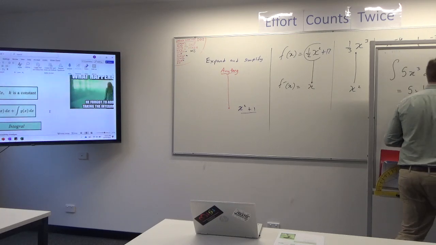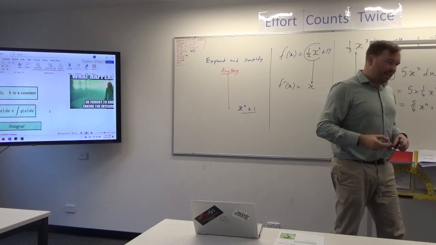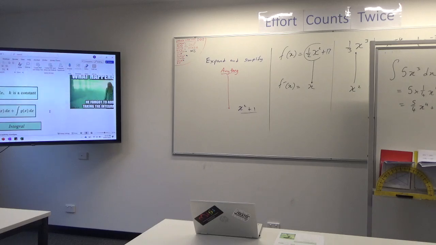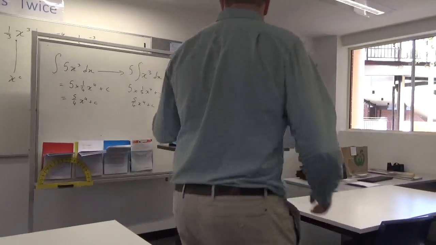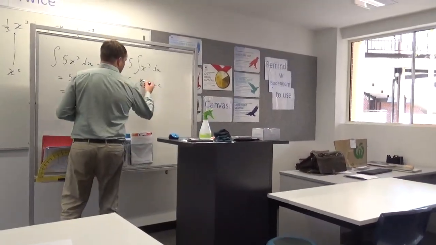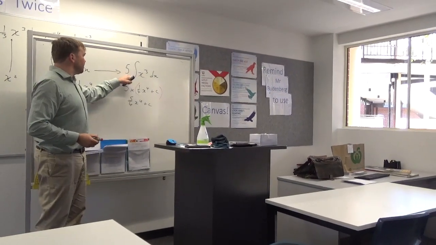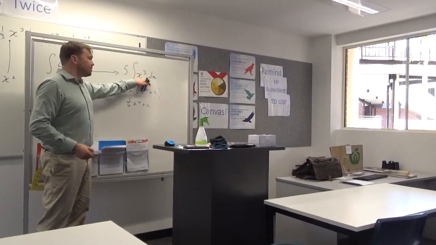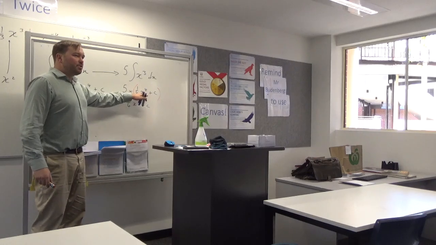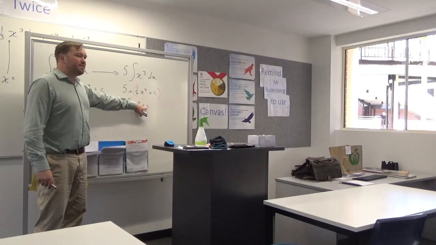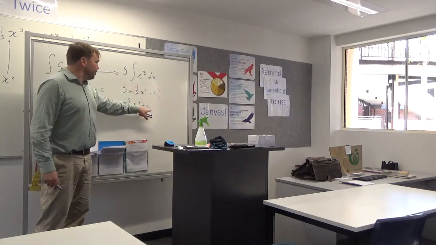Slight technicality that's probably worth noting is that this actually belongs in brackets, because you've integrated that with a 5 at the front. It's 5 times the result of this function. So many people will be tempted to write a 5c there, because that 5 feels like it should go into both.